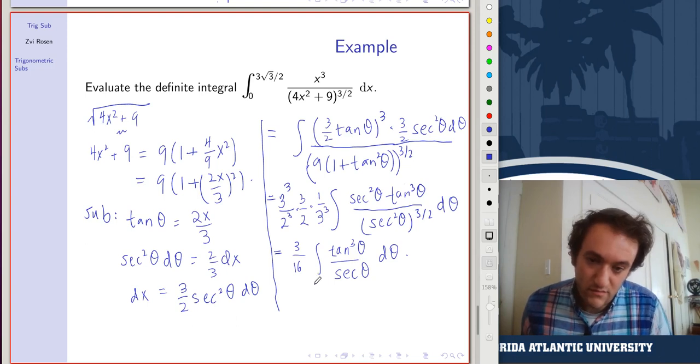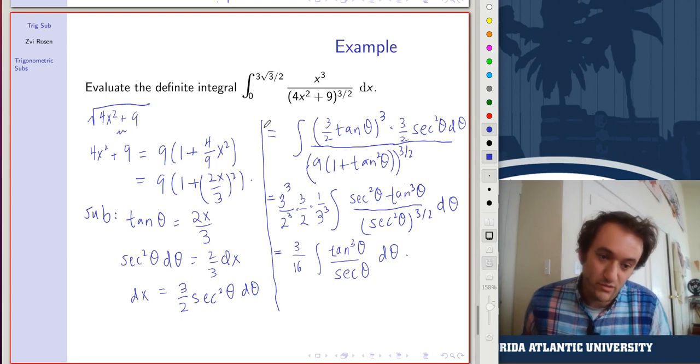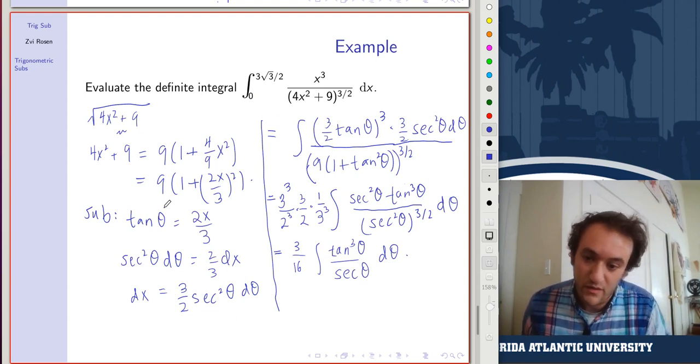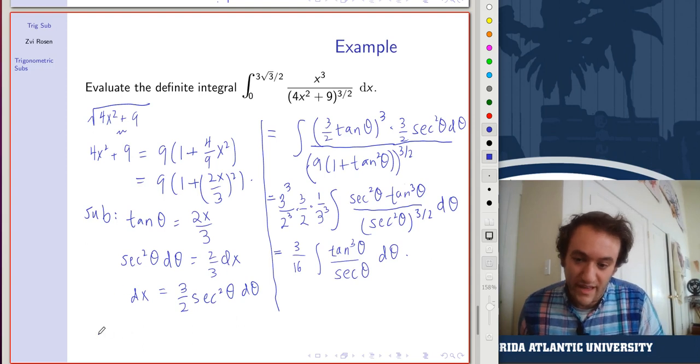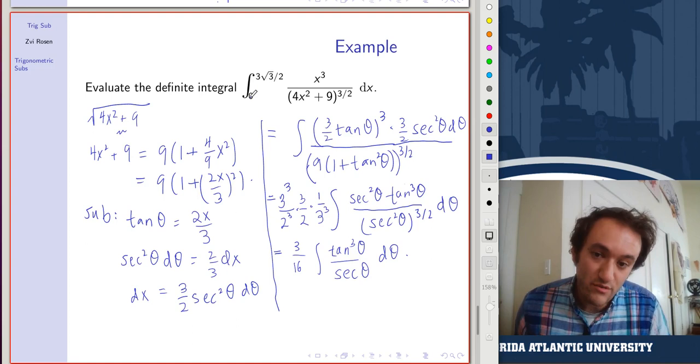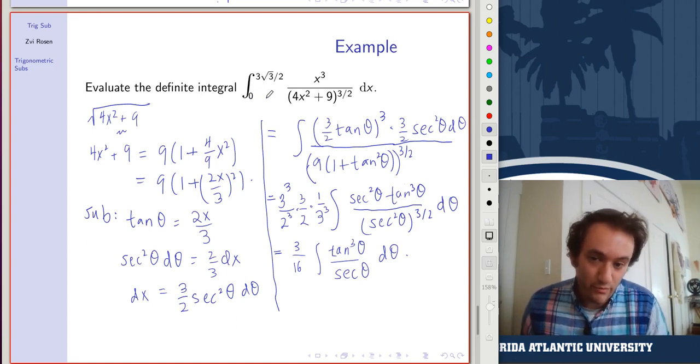And at this point, we observe that we start with a definite integral. Okay, and we really should have brought bounds into this problem. The way that we would have done that was by evaluating what theta would give us 0 and what theta would give us 3 root 3 over 2 if we plugged it into this.